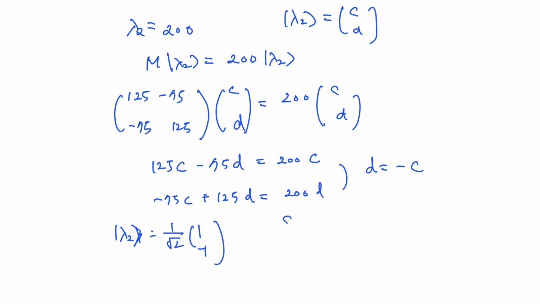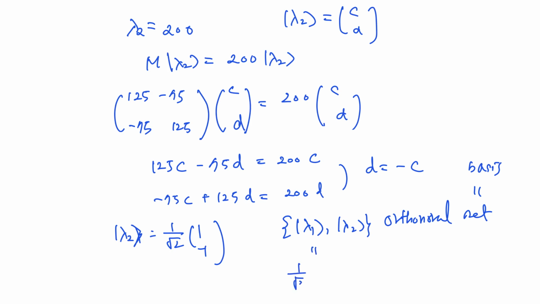So we have lambda 1 and lambda 2 as an orthonormal basis. Sometimes we call a basis a mean set. So lambda 1 is 1 over square root of 2 times (1, 1), and lambda 2 is 1 over square root of 2 times (1, minus 1).